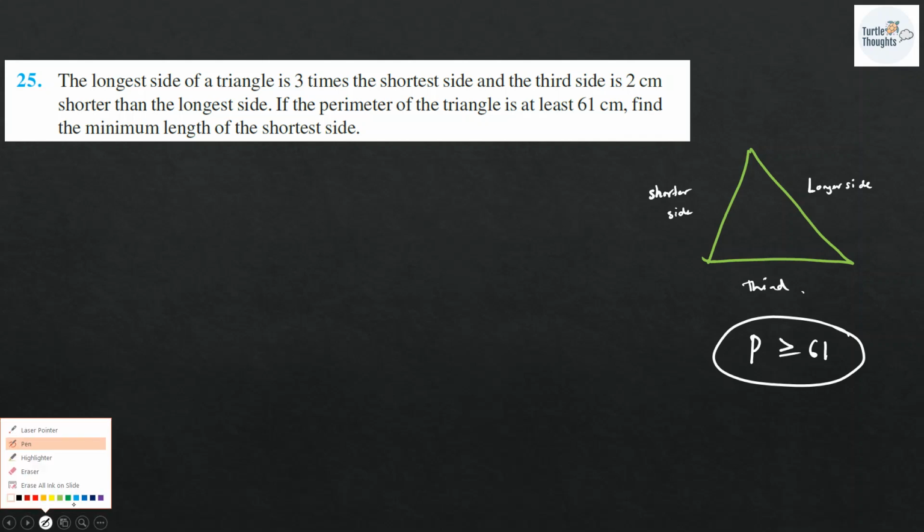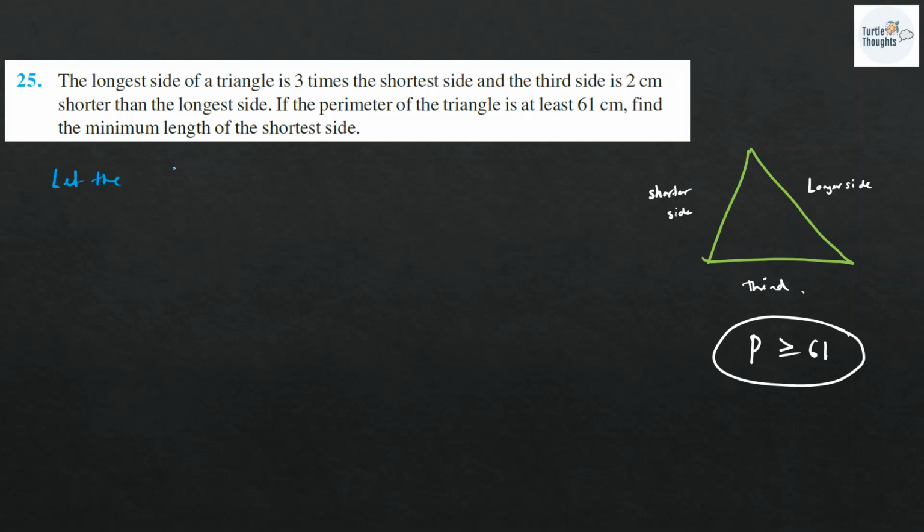Now I will start by taking up the inequalities over here, and for that I have to assign something, right? Let the shortest side be x centimeters. If this is the case, the third side is 2 centimeters shorter than the longest side.